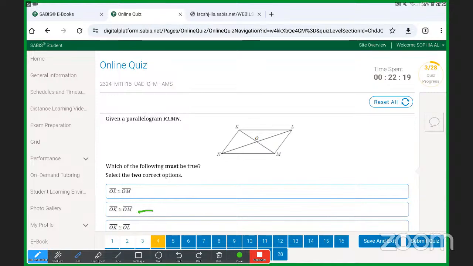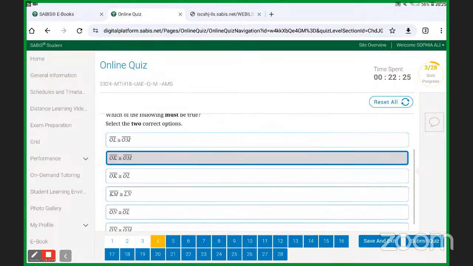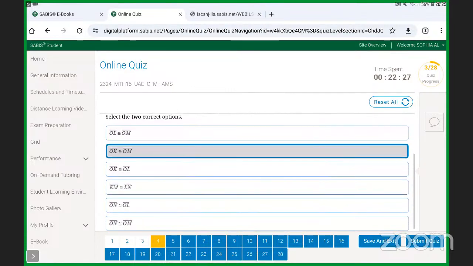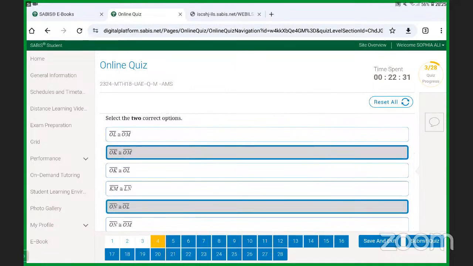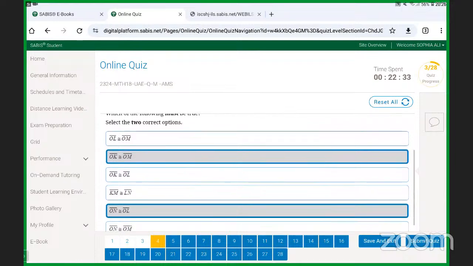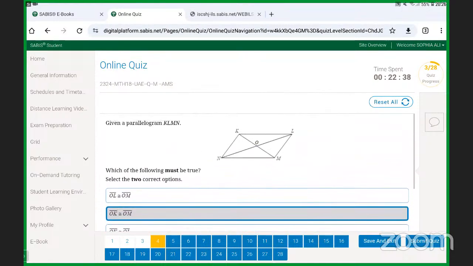You have another choice. This. ON, OL, show me. Yes, exactly. We have ON and OL. The diagonals are bisected. Great, very, very good.